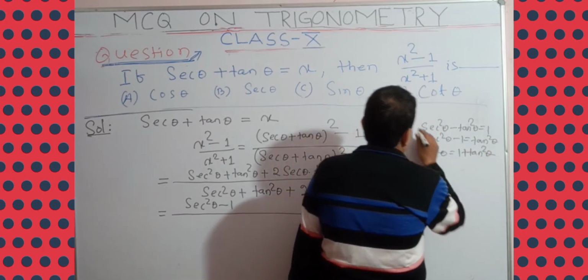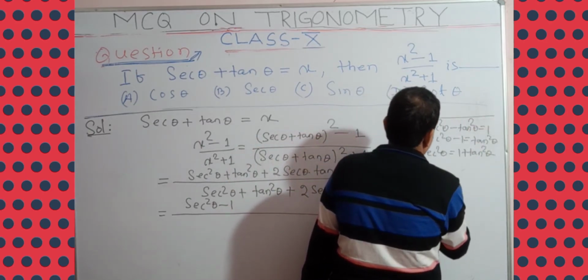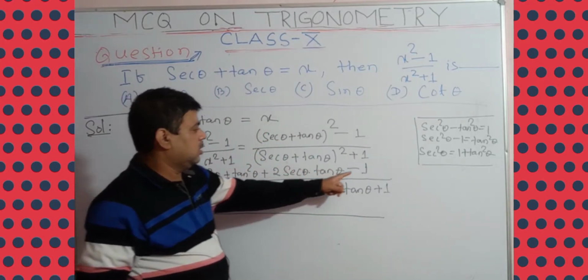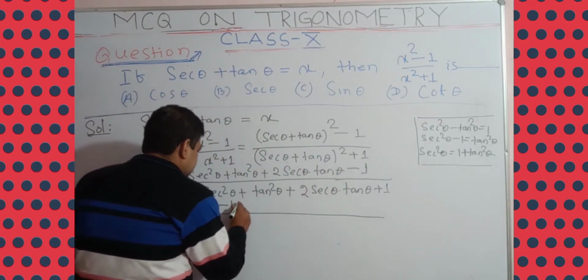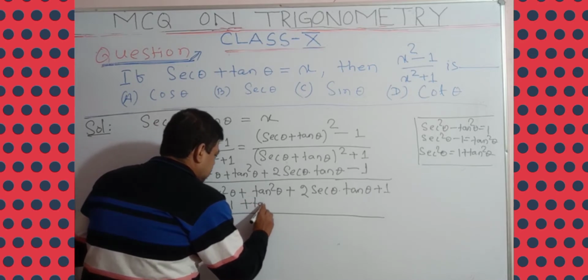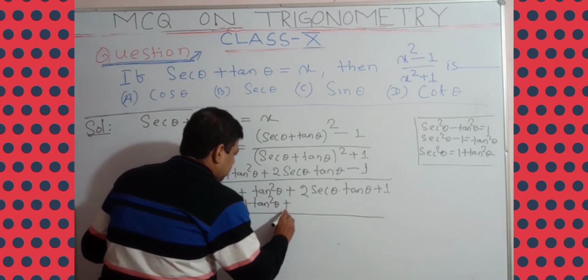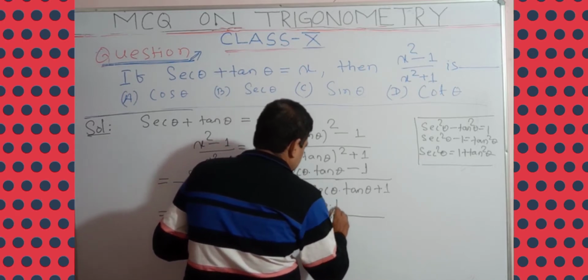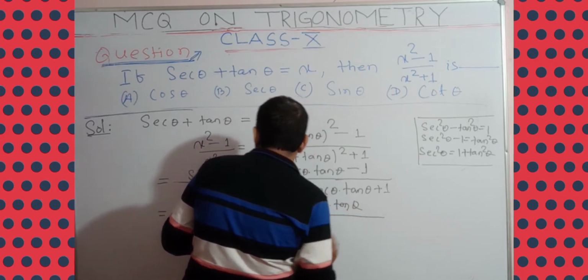Yes or no? You can use this identity here. So sec square theta, minus 1, then plus tan square theta plus 2 sec theta into tan theta. Is it clear?